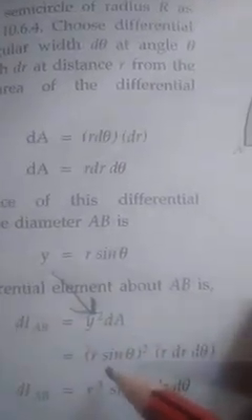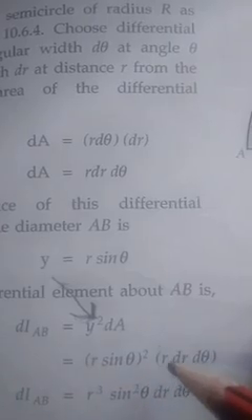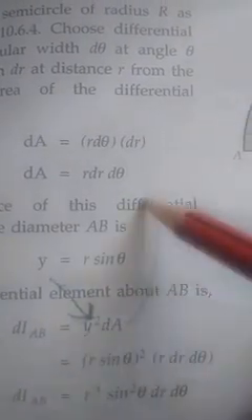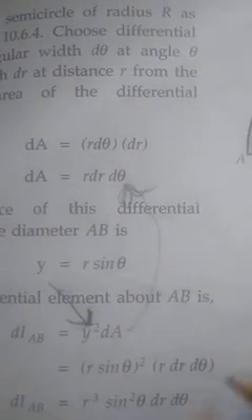Then I will get r sin theta whole square into dA. In the place of dA, I will write this equation, that is r dr into d theta.